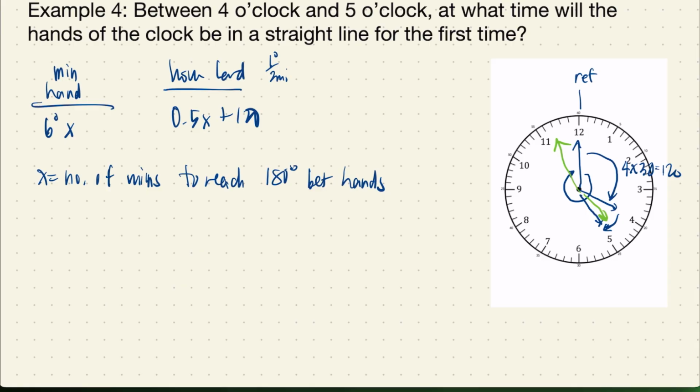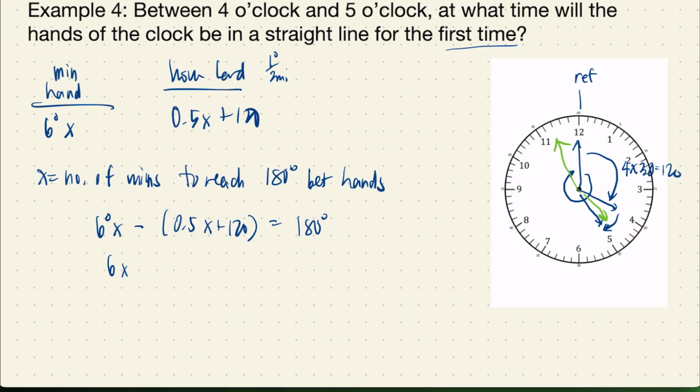So, to get the angle between the minute and hour hand, kailangan natin kunin yung difference, ng minute hand minus the hour hand. And the difference should be 180. Okay? And I think, it says for the first time, it's the only time between 4 and 5 that it will form ng straight line. So, let's get to solve.